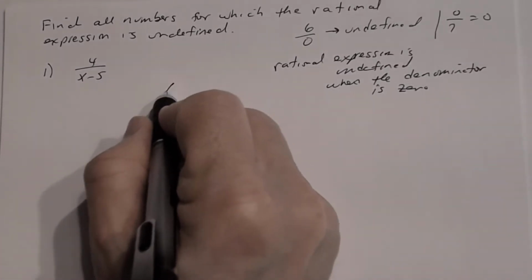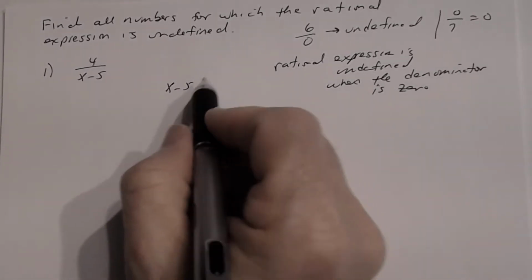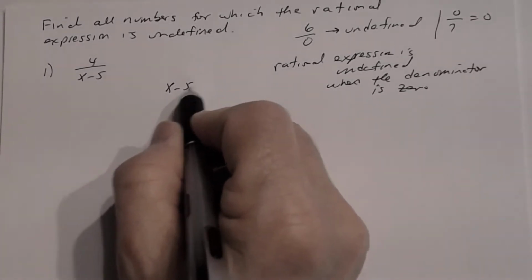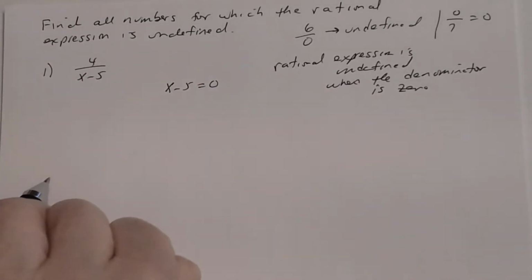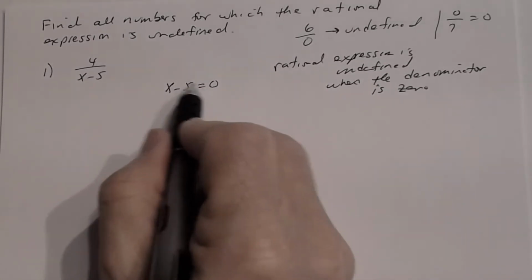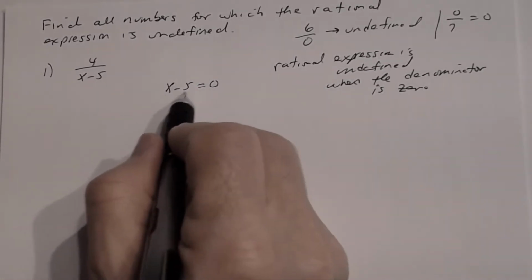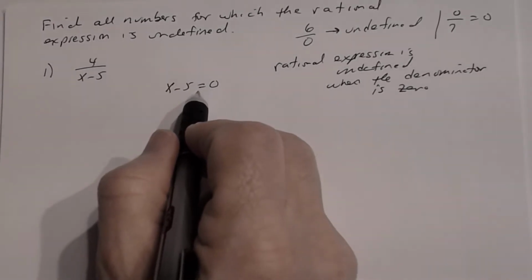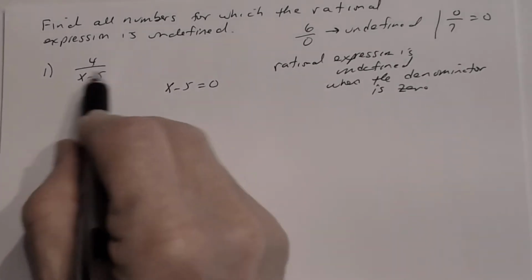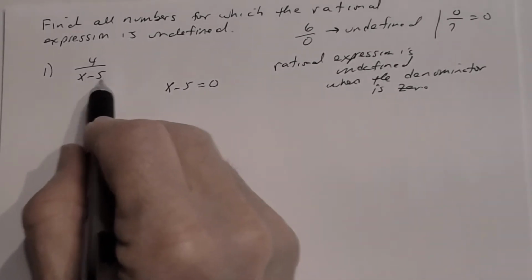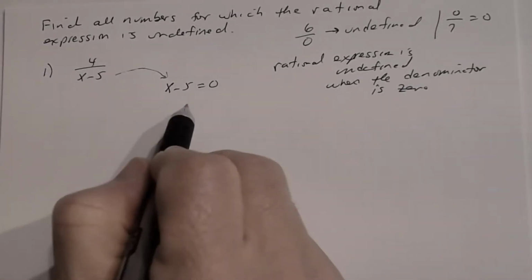All right, so just think about the denominator, and in your mind you're asking yourself, where is this expression equal to 0? That's what you've got to find out. Notice that when I took this denominator and set it equal to 0, I have this linear equation. So the first thing you want to do is take your denominator and set it equal to 0, because that's what you want to find out.